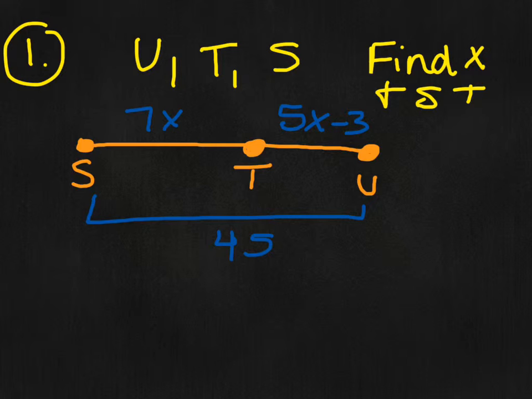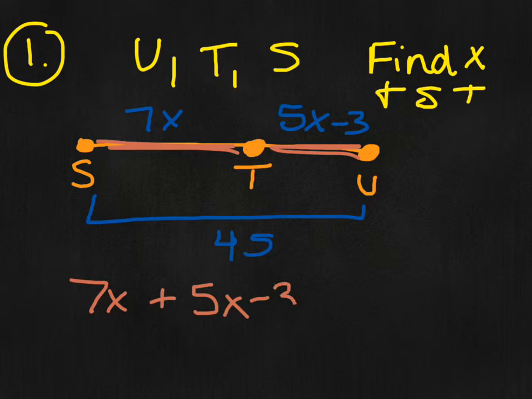Well, using that postulate we just talked about, we know that part of it, 7x, plus the other part, 5x minus 3, equals the whole entire thing, 45. And then you just solve for x.